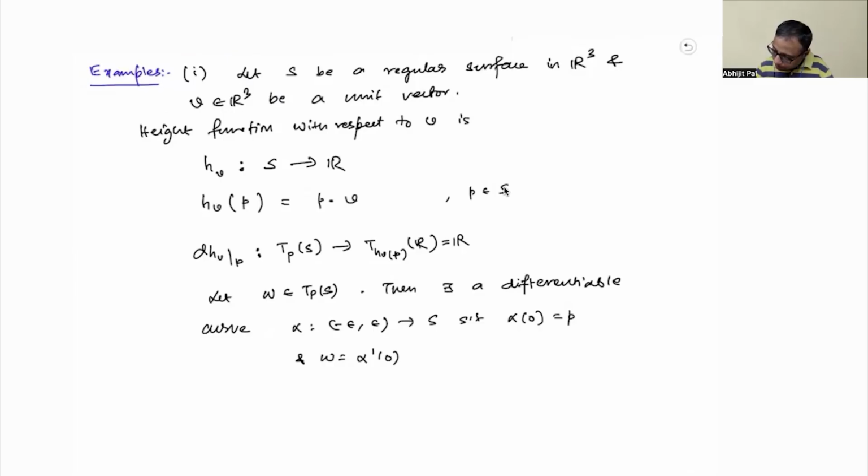So then, what is my DH_B at the point P of this alpha prime(0)? By definition, this is (H_B compose alpha)'(0). So we have to compute this.